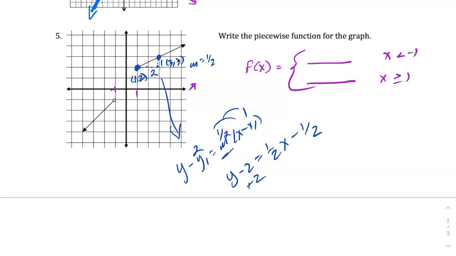Add 2. So y equals 1/2 x. 1/2 plus 2 is like 3/2. Right? Negative 1/2 plus 2. So 1.5, 3/2. Again, that was the right hand side, so that's this guy. Right? All I did there was find the equation of this line right here that I already had, and I plugged it into right there.